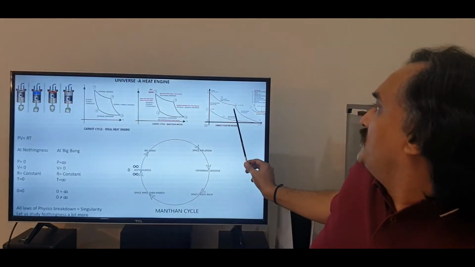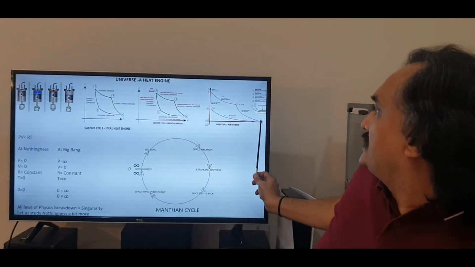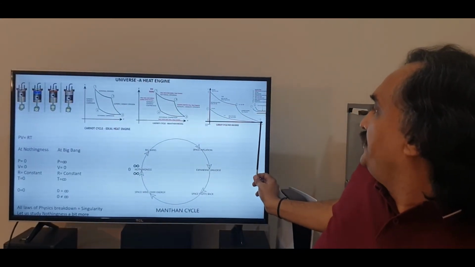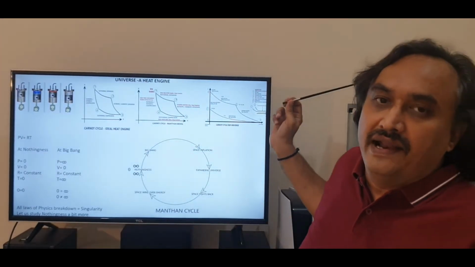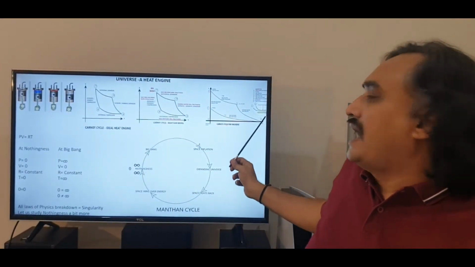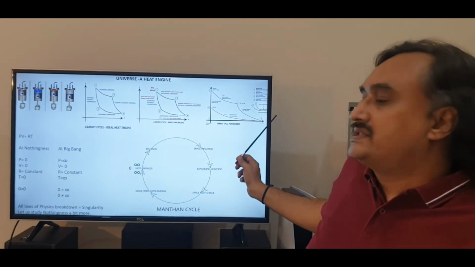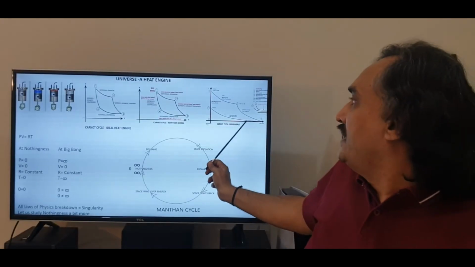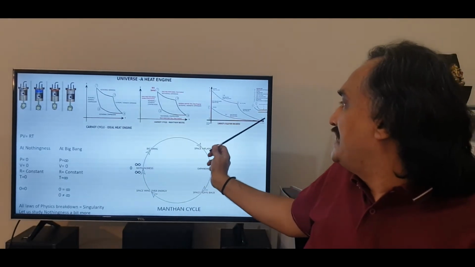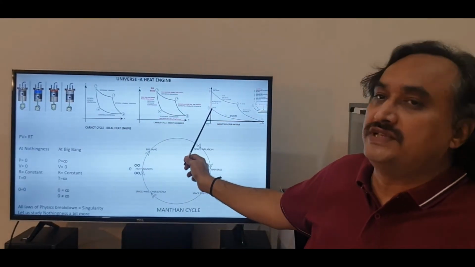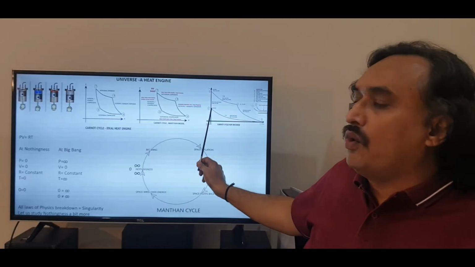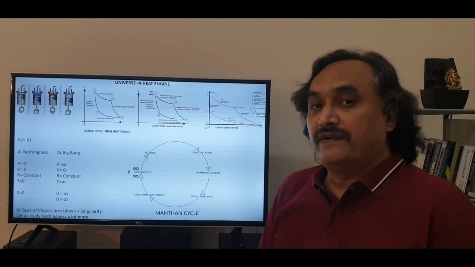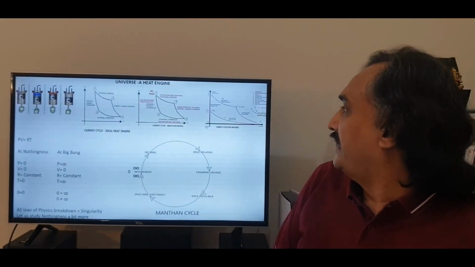And when the space is fighting back, obviously this cannot go to infinite levels on the volume, so it will have to be somewhere in between. And when the space fights back and brings the volume to zero, the pressure becomes infinite and the temperature also becomes infinite.